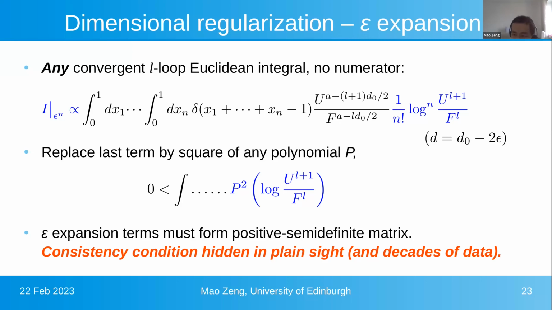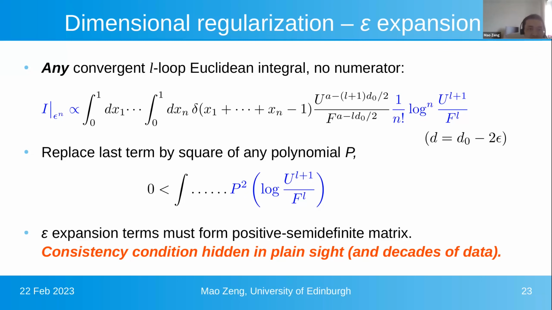Rather than talking about precise evaluation of Feynman integrals, I will tell you what general features an epsilon expansion must have to be a valid epsilon expansion. So the message is that the epsilon expansion is not an arbitrary expansion with random coefficients, but rather there are internal consistency constraints.